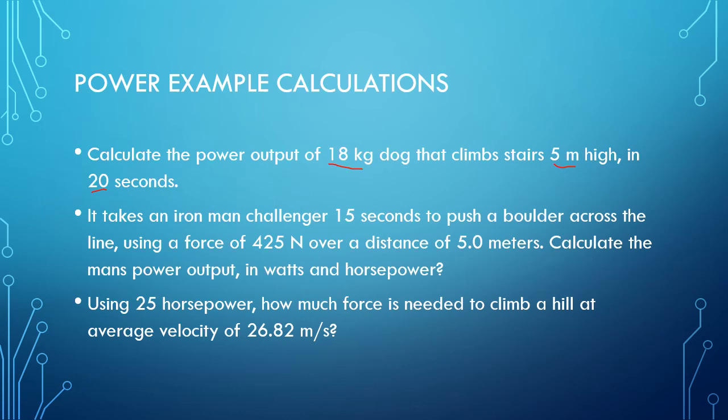You're going to go through your power equations and figure out which one applies, which one has mass, height, and time in it. Once you find the appropriate equation, you can plug in your variables and solve. I have a video showing me going through all the steps and calculating these exact same problems, starting with converting if necessary, writing the knowns and unknowns, and then picking the appropriate equation.